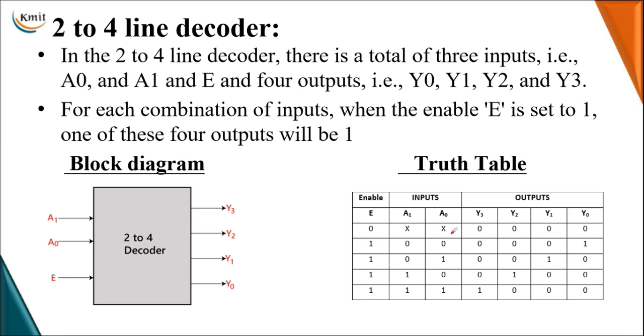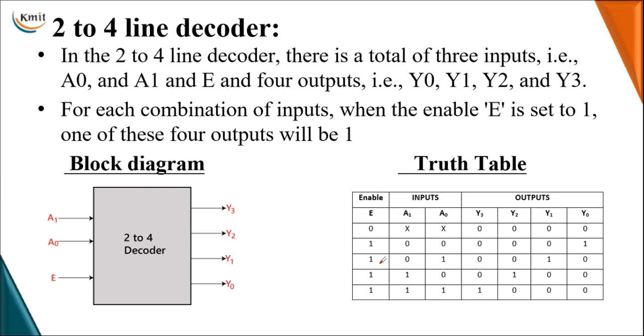Hence, all the outputs will give you 0. If enable input is 1 and the inputs A1, A0 are 0, 0, the logical one is transferred to the first output, which is Y0. The remaining outputs will give you 0.